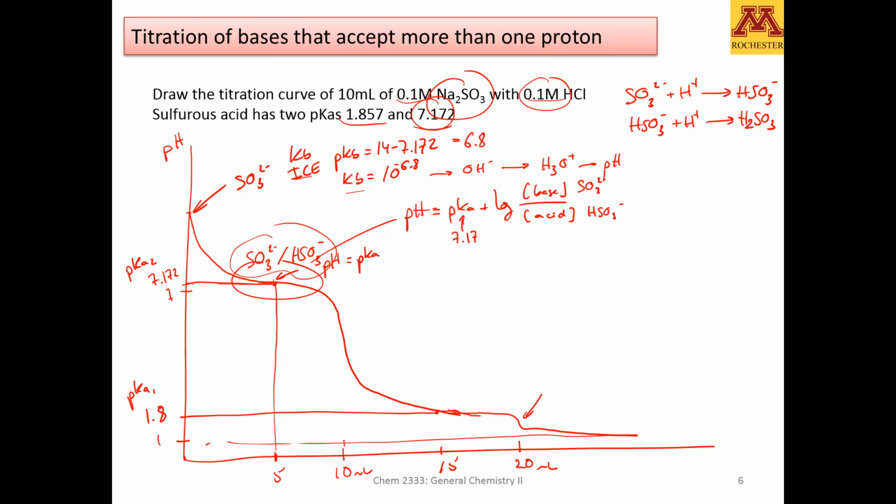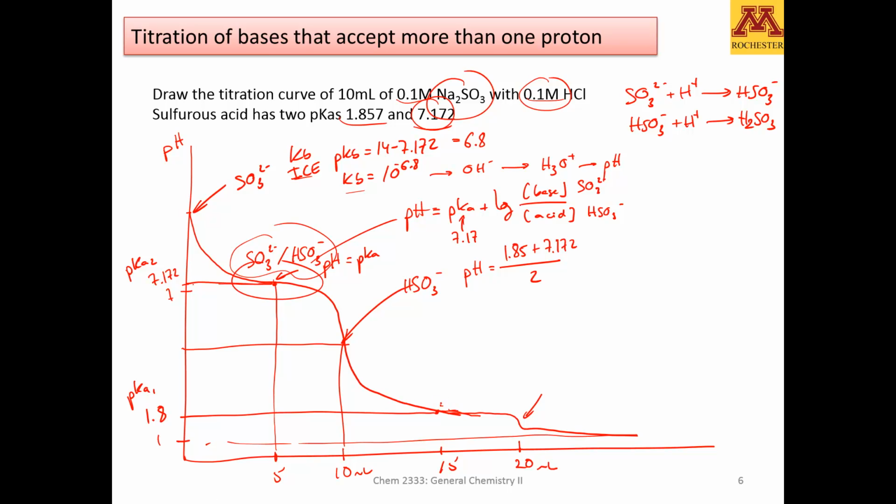At the first equivalence point, how can one calculate the pH? Well, here what you have is only hydrogen sulfite. The pH of this solution is the average of the two surrounding pKa's, 1.8 plus 7.172 divided by 2.